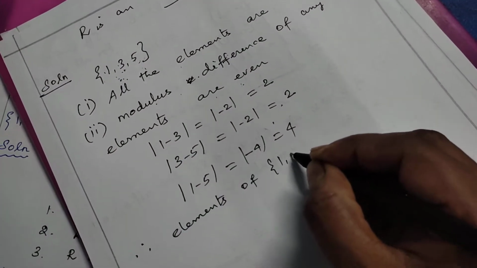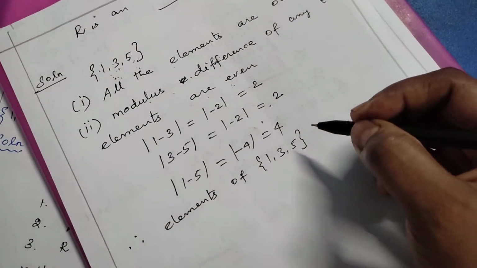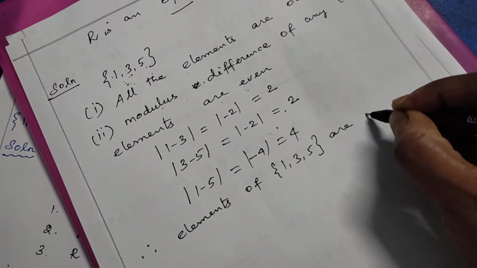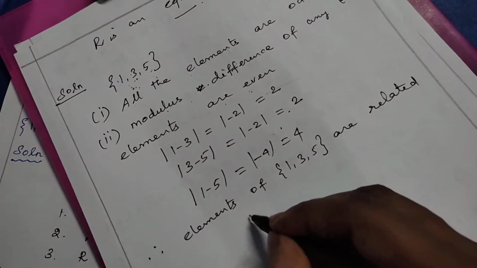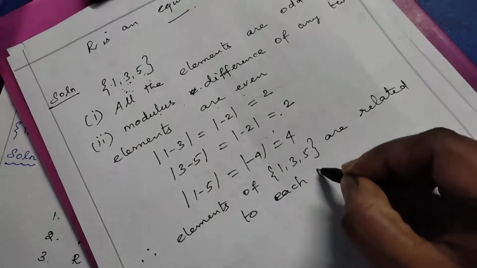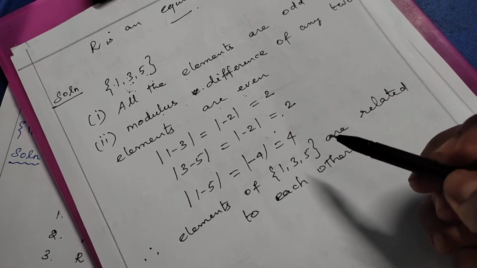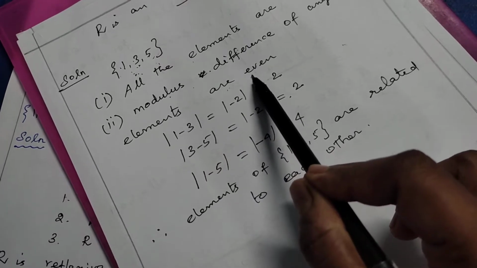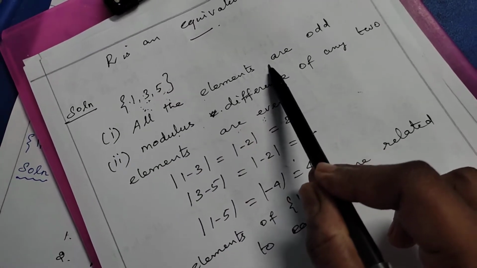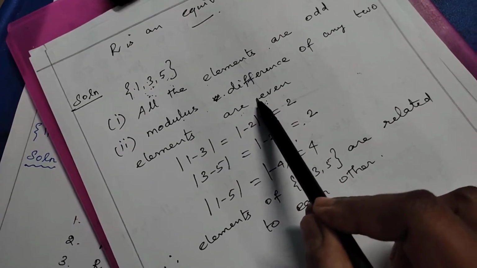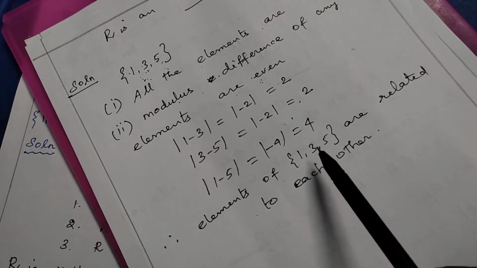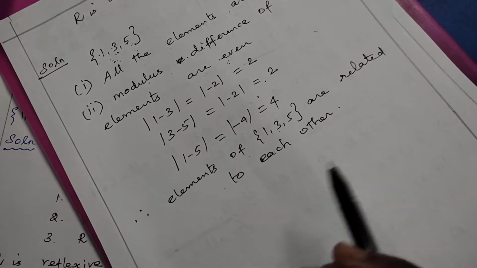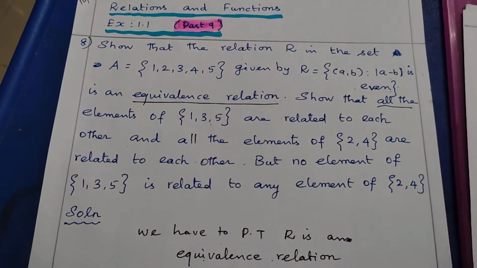Elements of the set {1, 3, 5} are related to each other, because the given condition is that the modulus difference will be even. Modulus difference of any two elements is even here, and all the elements are odd. From these two conditions we can say that the elements of the set {1, 3, 5} are related to each other. Now the third part in the sum will be here.